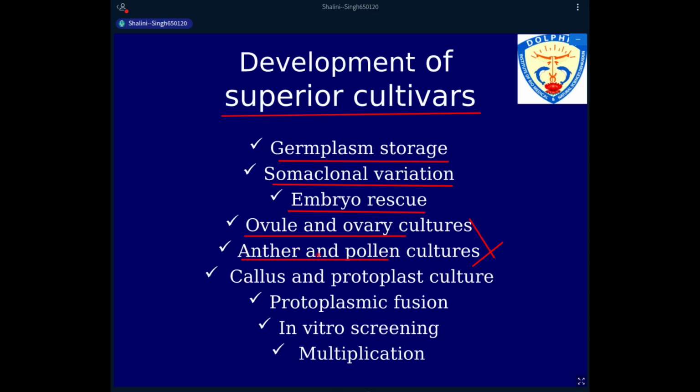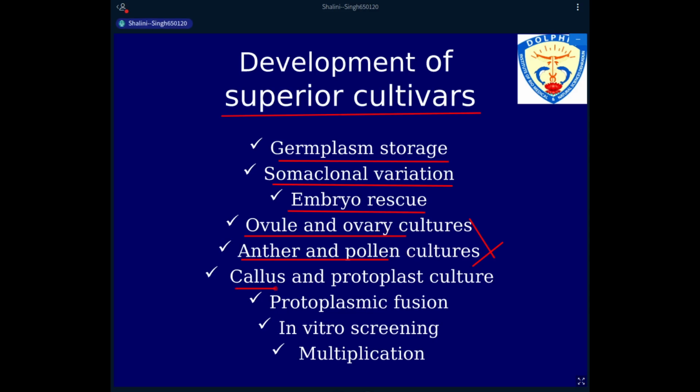So when you are culturing these gametic tissues which are haploid in nature, you will get haploid plants. So if you want to raise haploid plants, it's simple. You can culture anther, pollen, or ovule or ovary in non-fertilized condition.